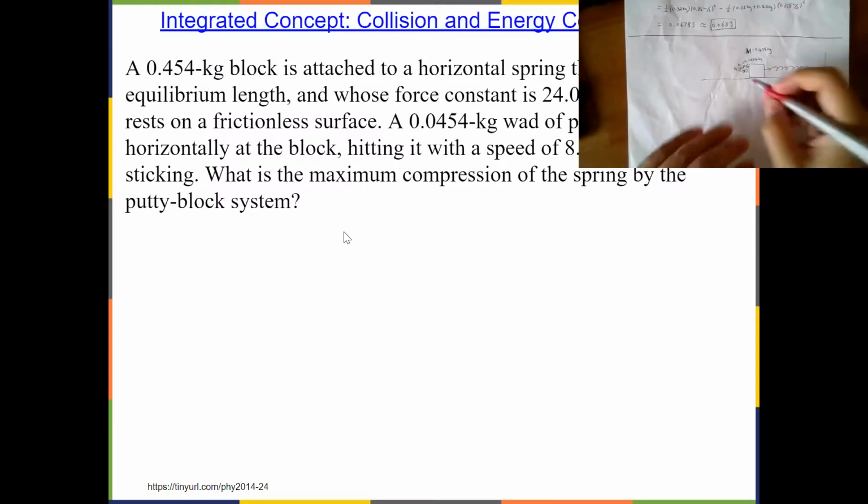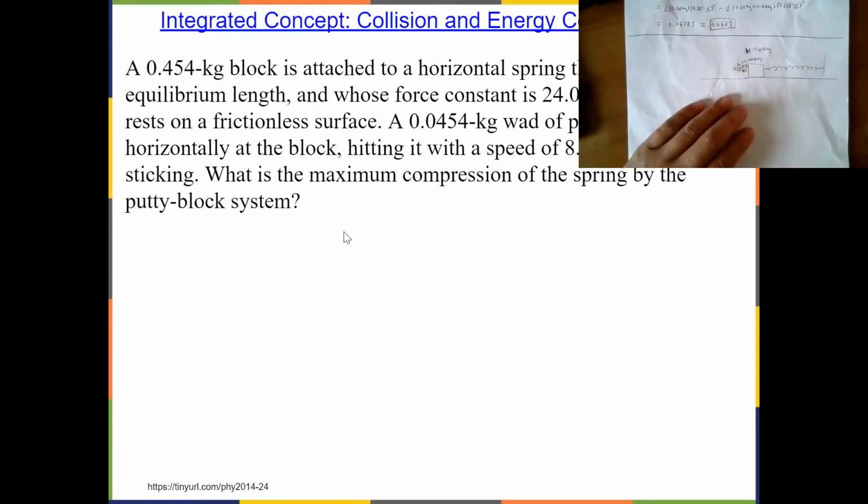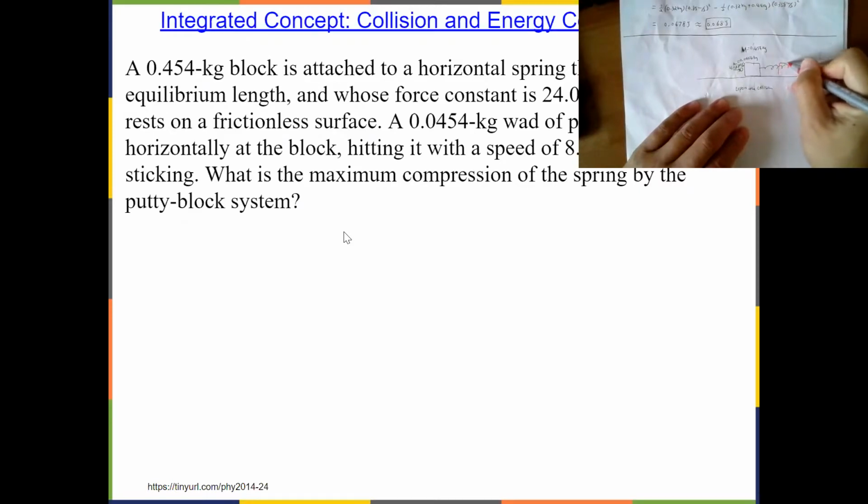Then there's a collision between the two, the small mass and the big mass. Now after the collision, the two stick together, and you can imagine this guy along with the putty will have speed moving and then compressing the spring, with the putty sticking together, to a maximum compression.